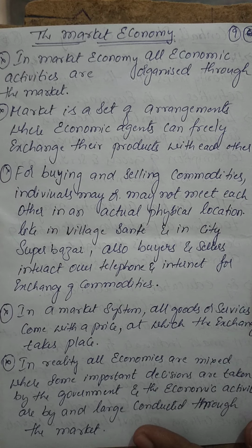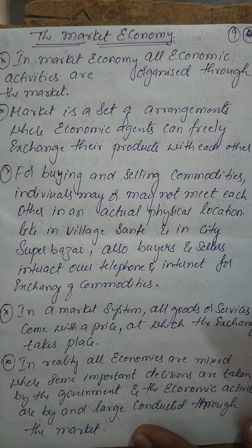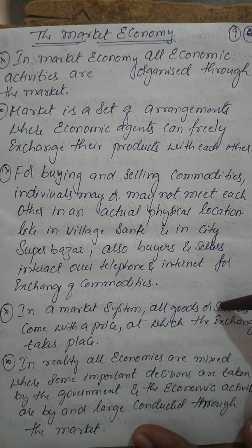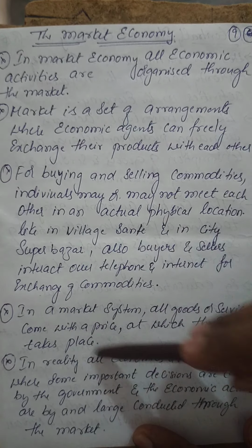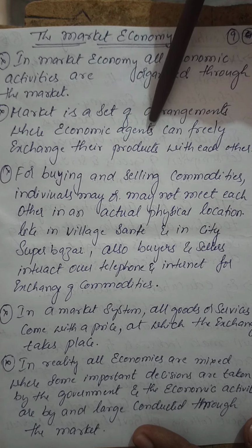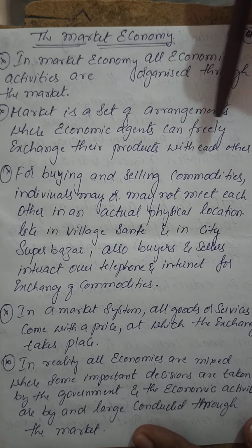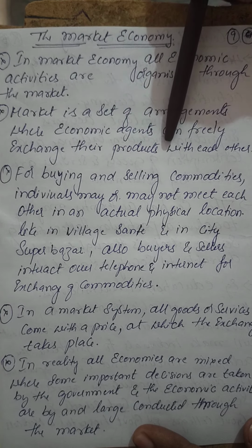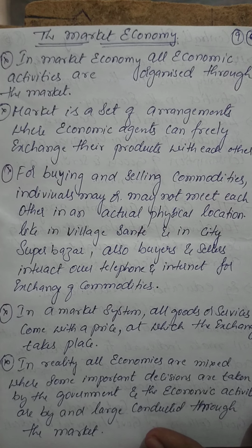Coming to the second point, market is a set of arrangements. Consider this place as a market. There is an arrangement made in a market where economic agents can freely exchange their products with each other. Who are the economic agents?